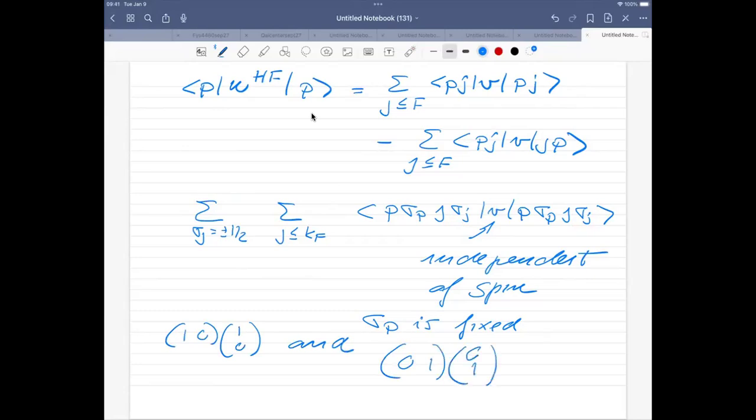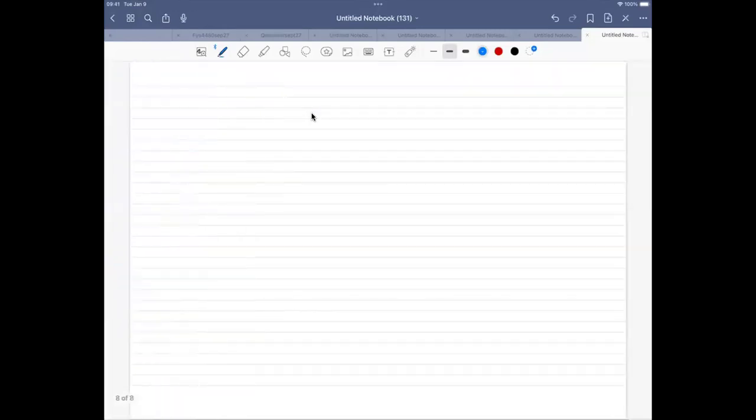And both of them give us 1. And that means that the direct term is going to have a factor of 2 when we sum over spins. So if we now look at the direct term, this will actually be equal to 2.